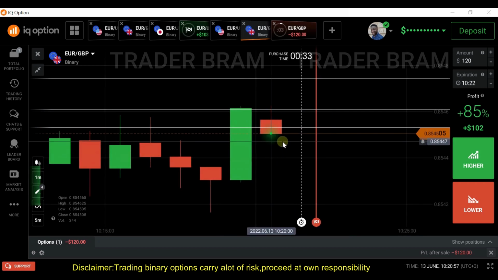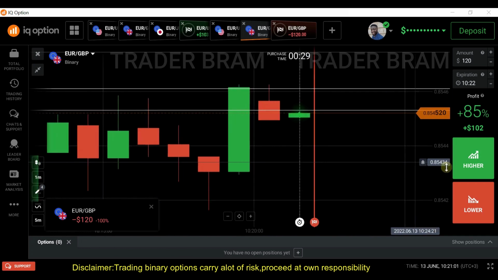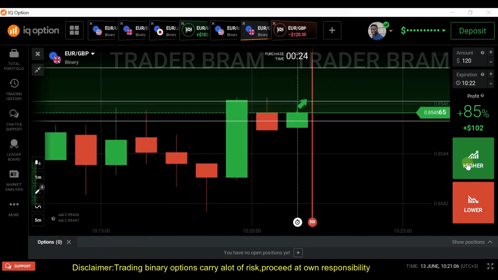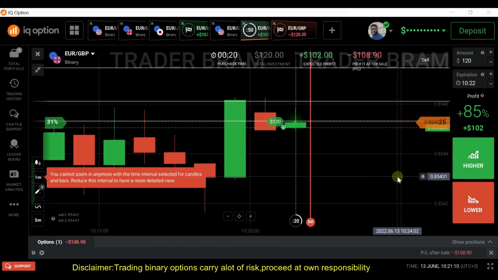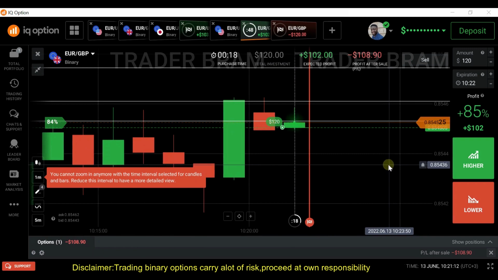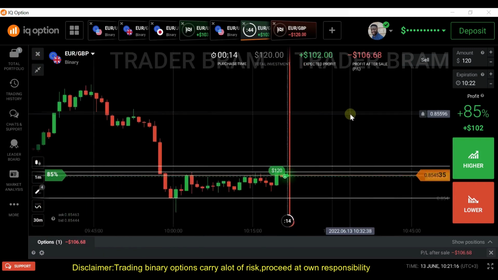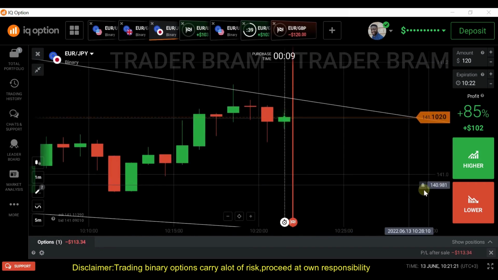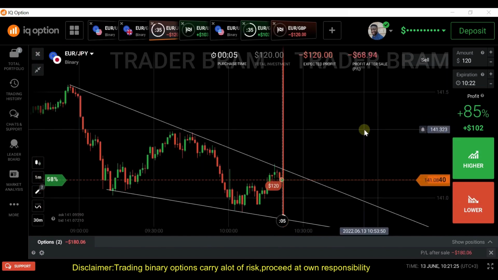But it seems again the sellers have entered the market. So I'll go with the buyers again. This is more for a retracement candle. Strong rejection, so I expect us to move more down.